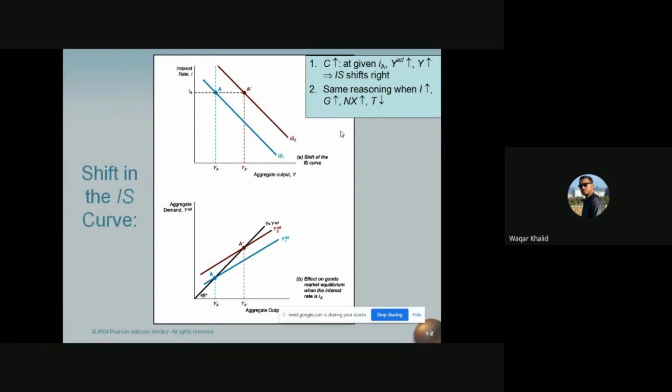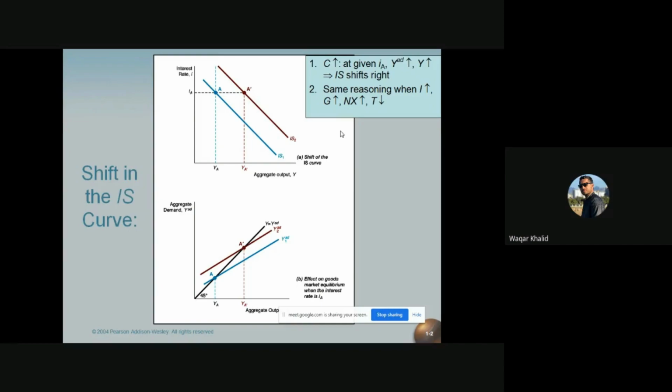The aggregate level of output will decrease from YA dash to YA, and therefore the IS curve will shift from IS2 to IS1, to the left side. That's why we can say that a rise in taxes lowers the aggregate demand function and hence reduces the equilibrium level of output at any interest rate. Hence, a rise in taxes shifts the IS curve to the left side from the original position.